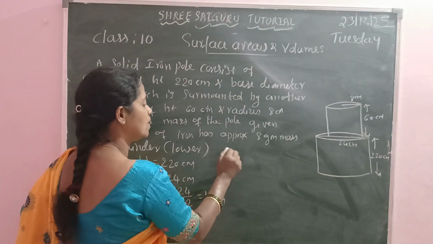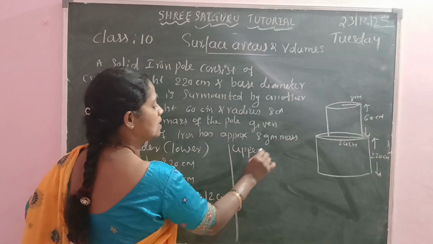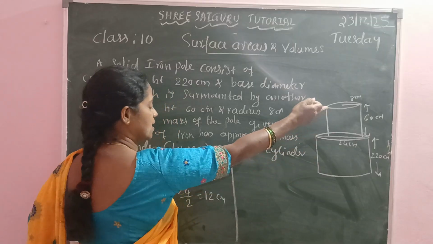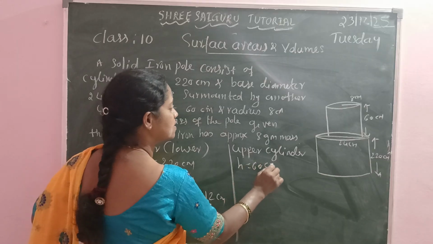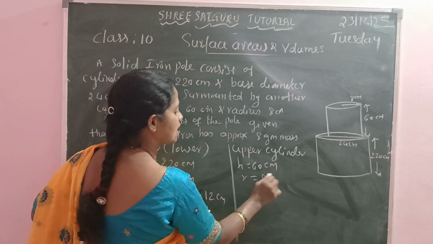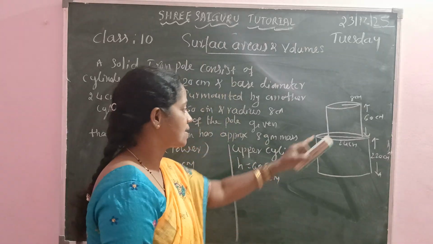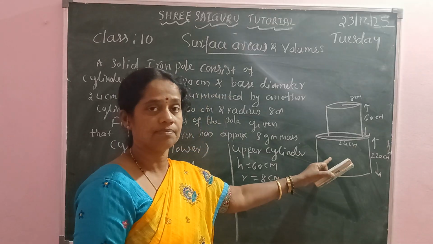And for the other cylinder, the upper cylinder, its height is 60 centimeter and radius is directly given, 8 centimeter. So we have to calculate the volume of these two cylinders.